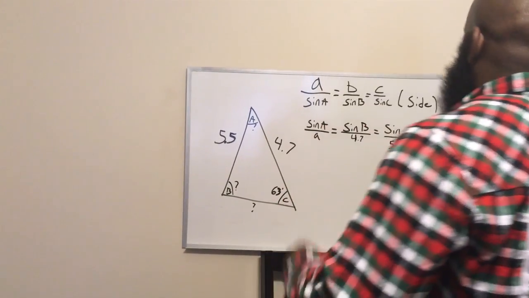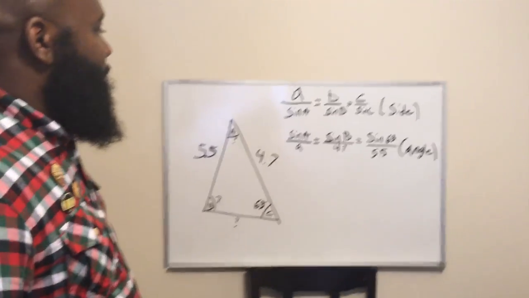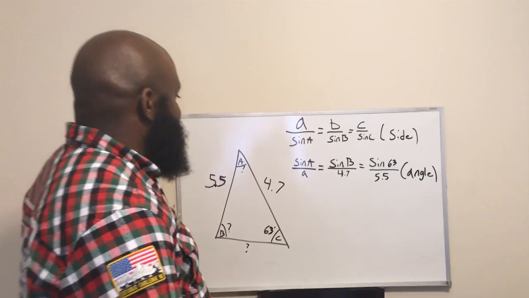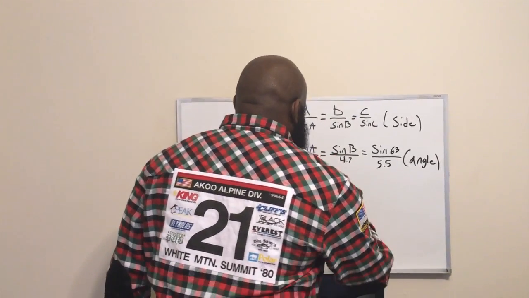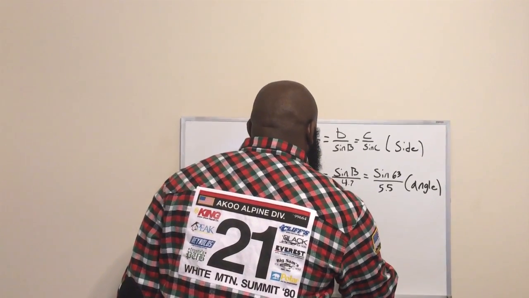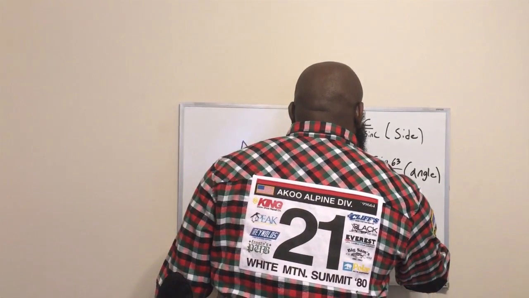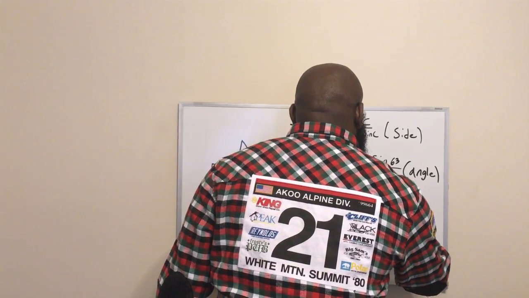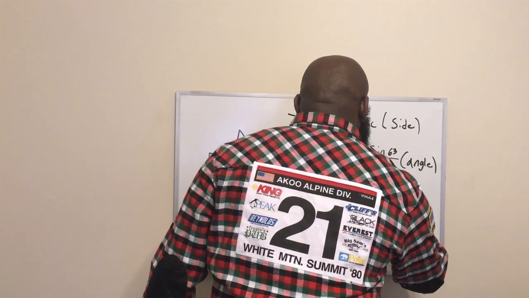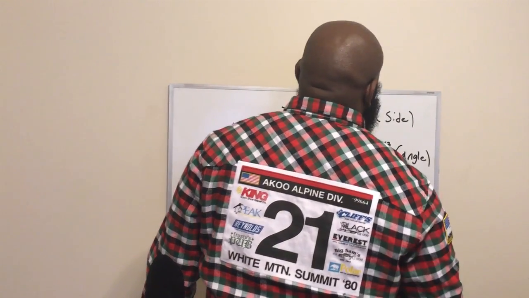With this information, let's try to solve for sine B. The way we solve for that, we say that sine B is equal to sine 63 divided by 5.5 times 4.7.